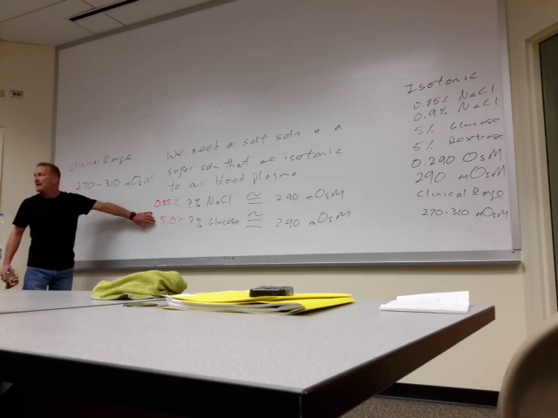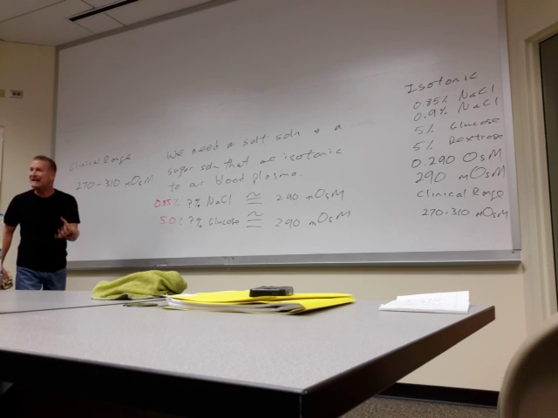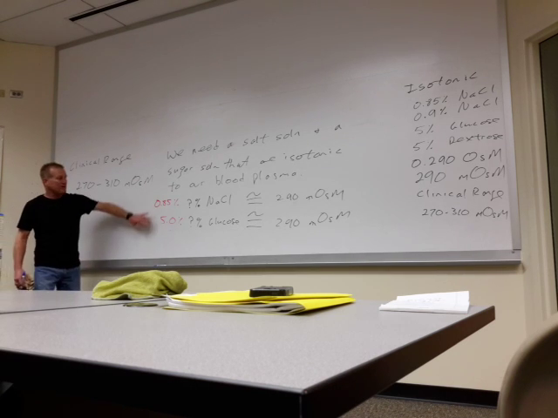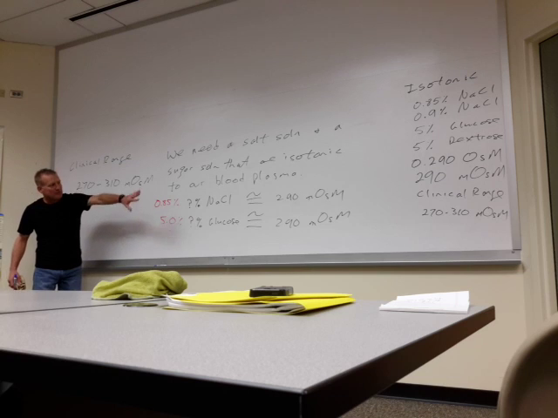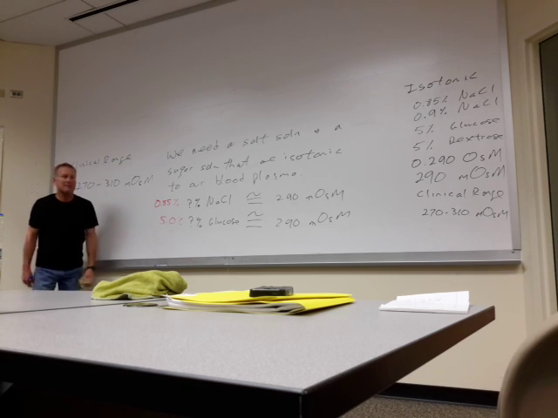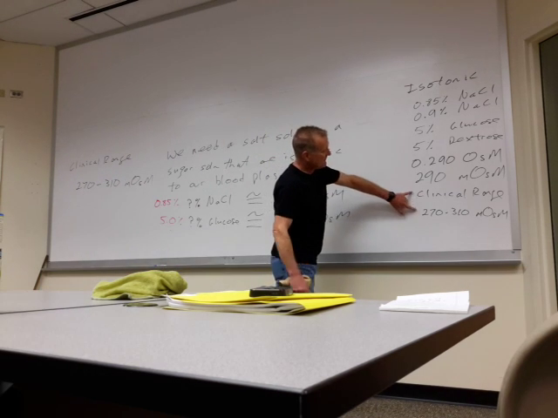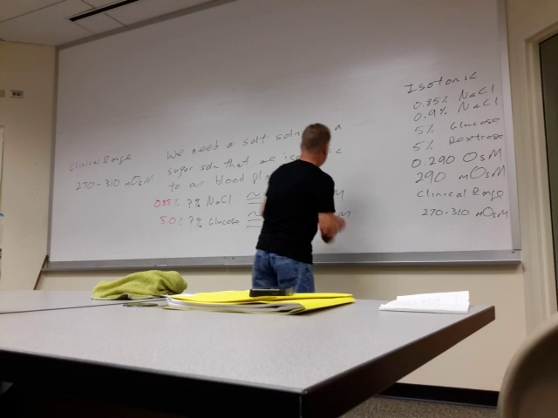But when we make IV solutions, we don't want to have to put minuscule amounts of 387,000 things in it. We use something that equals the 290. So we can administer calcium chloride solutions, anything, as long as it falls in that clinical range.